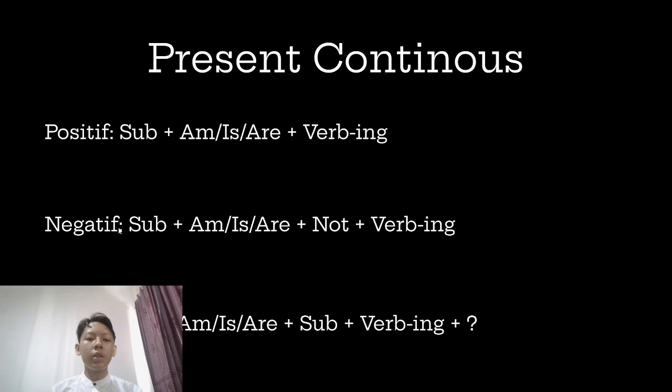For the negative, same, the first is subject, the second is to be, the third is the word not, and the last is verb ing. And for the interrogative, the first is the to be word, like am, is, are, the second is subject, and the third is verb ing.